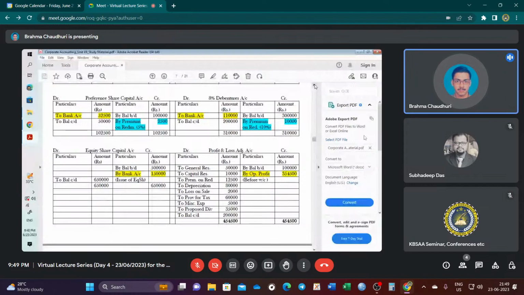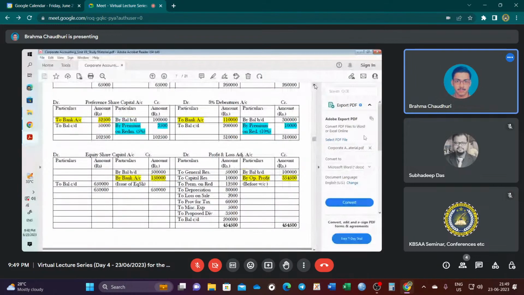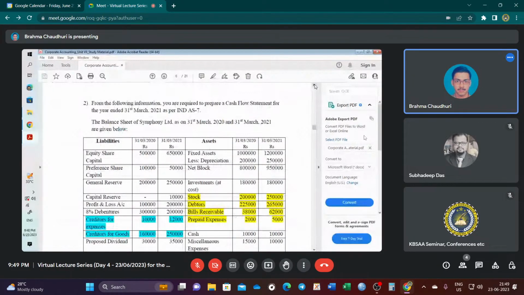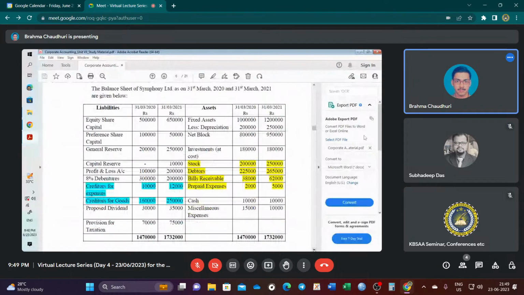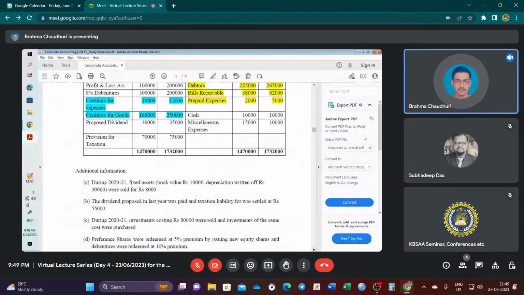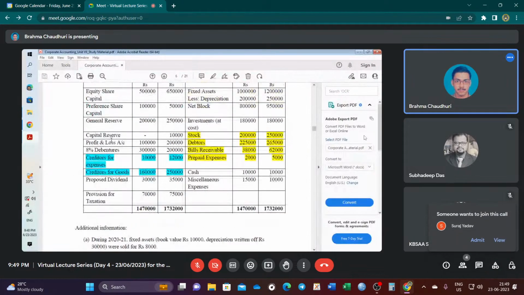Just looking at this problem, you will find that profit and loss account opening balance is 1 lakh and closing balance is 2 lakh.